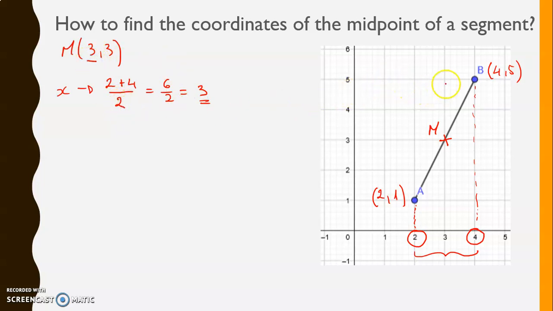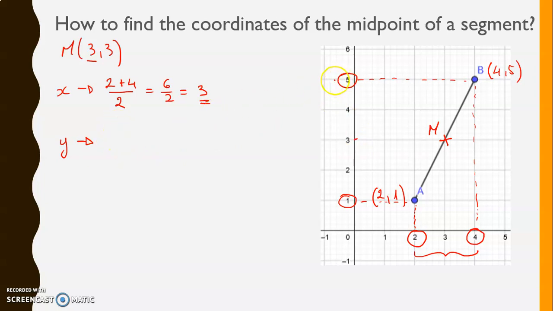Now we will do exactly the same thing for the y coordinate, or y component, of the midpoint. The y component of B is 5 and the y component of A is 1. Again, by observing this graphical representation, you can probably see that the midpoint between 5 and 1 is 3, but again we want an algebraic method of finding the answer.